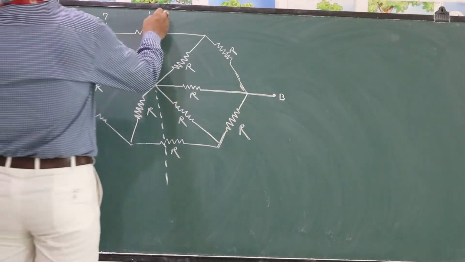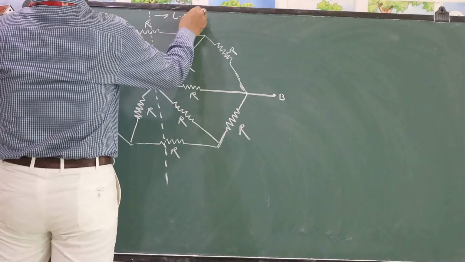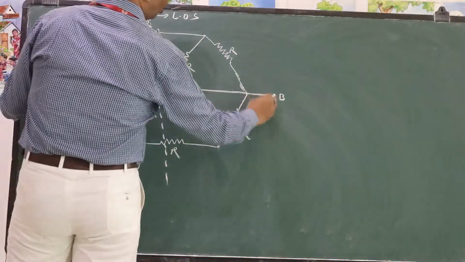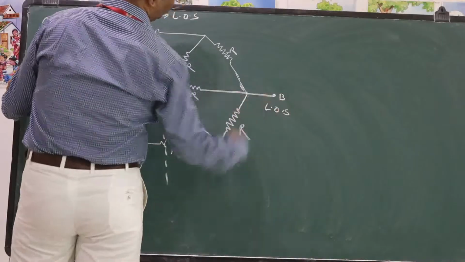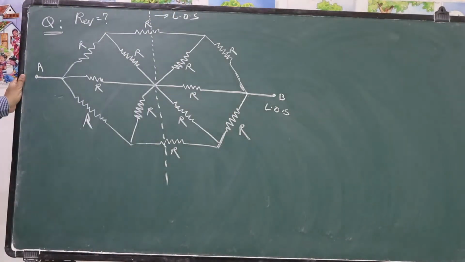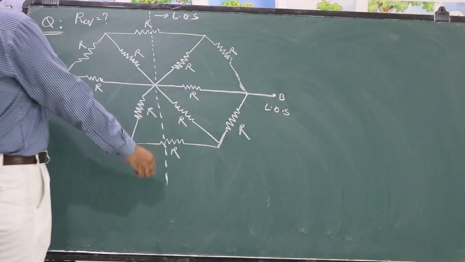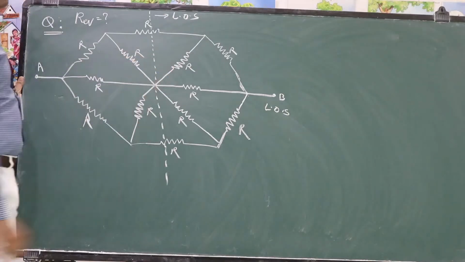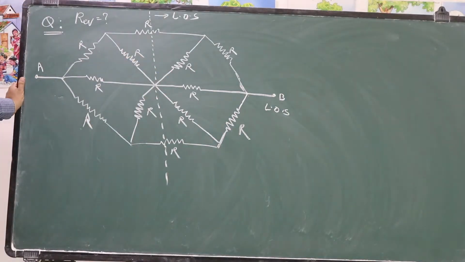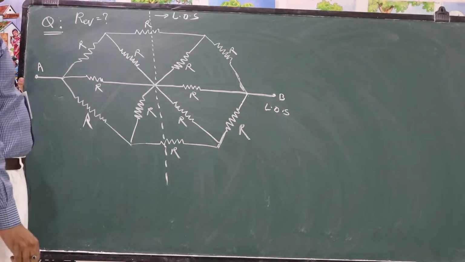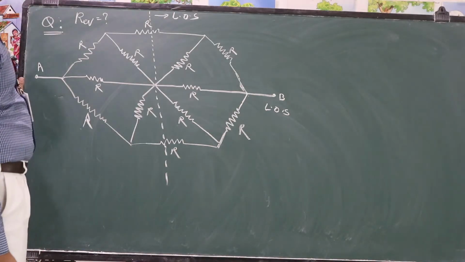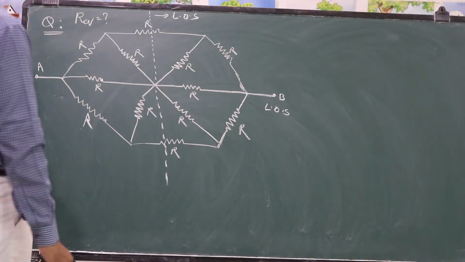Hence, it is a line of symmetry, and one more line of symmetry. One is in the vertical direction, another in the horizontal direction. We would like to find the effective resistance for the given combination.